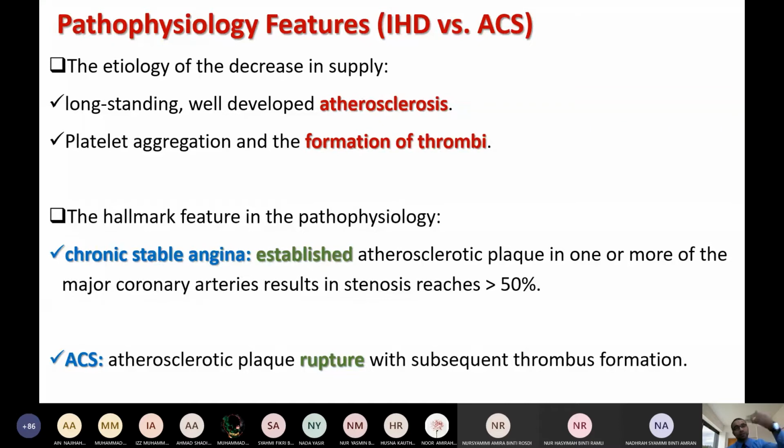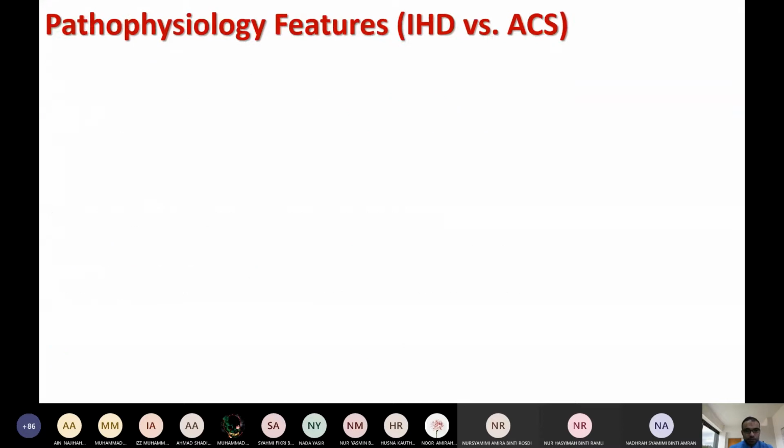That's why later, inshallah, we'll discuss how significant the time to thrombolysis is, and we'll find that the thrombus will determine the outcome of the acute cardiac attack, inshallah.